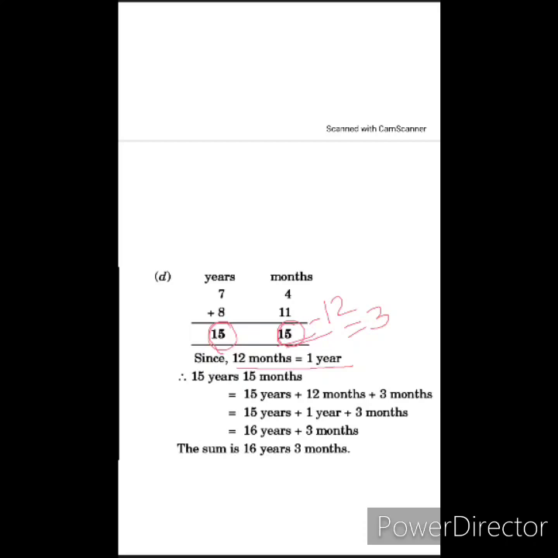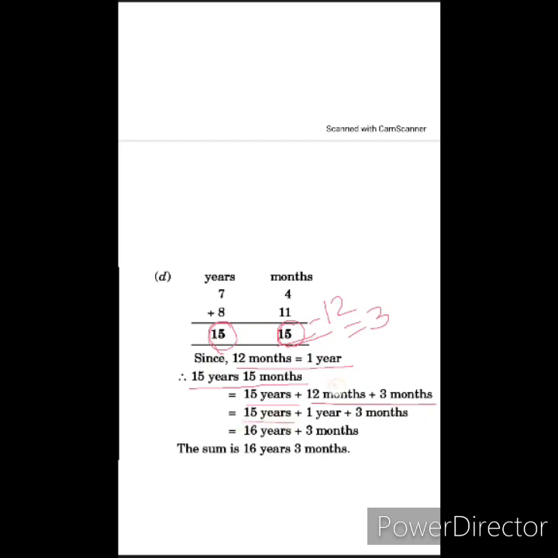So 15 years 15 months, first we have to write down. Then we will separate this 15 months. So the same 15 years plus we separate it as 12 months plus 3 months. In the next step, 15 years.